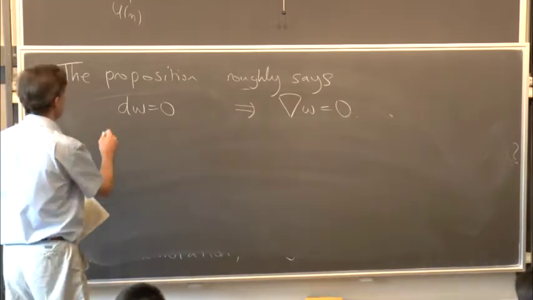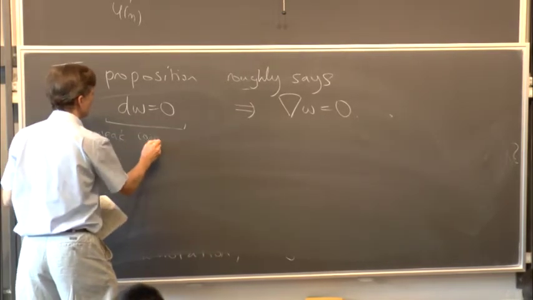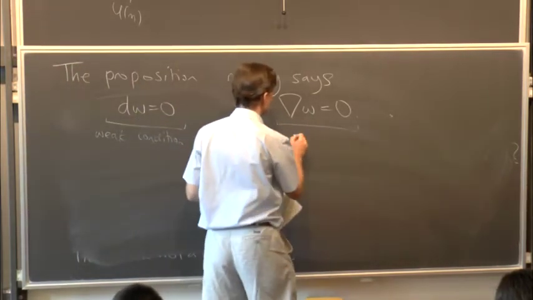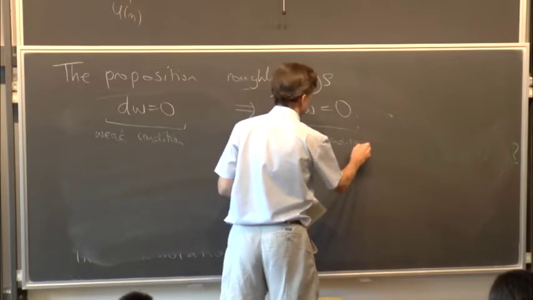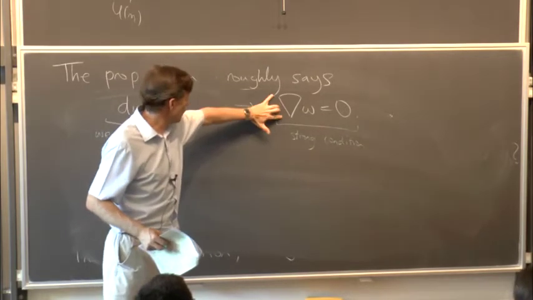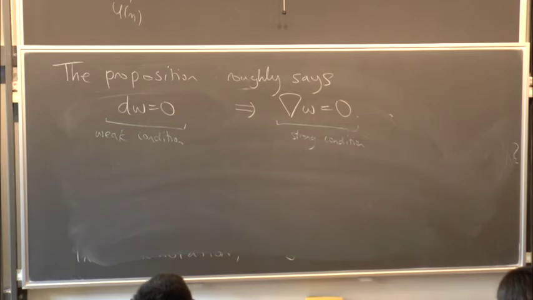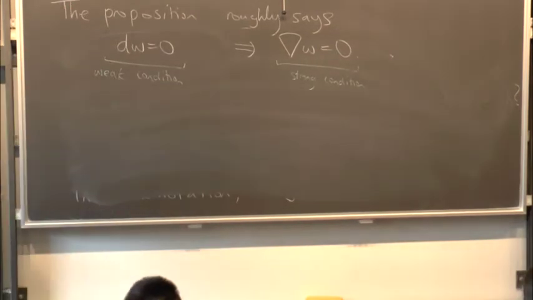So this is basically a weak condition, whereas this is apparently a much stronger condition. And this clearly implies that, because this is just more equations on omega than that. It includes some of those equations. And somehow this tension between the weak and the strong gives Kähler geometry some of its good properties.